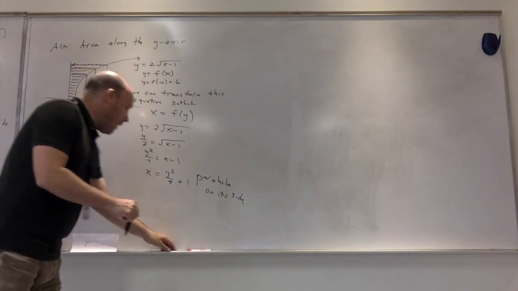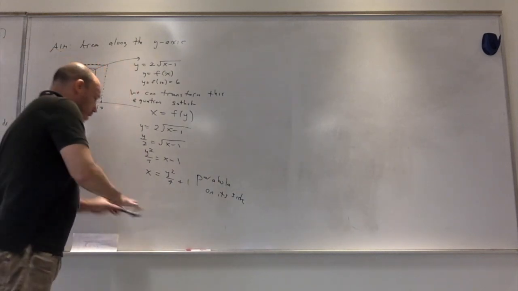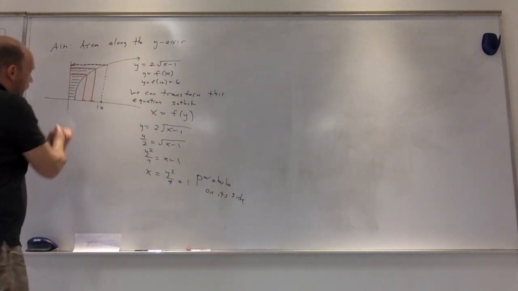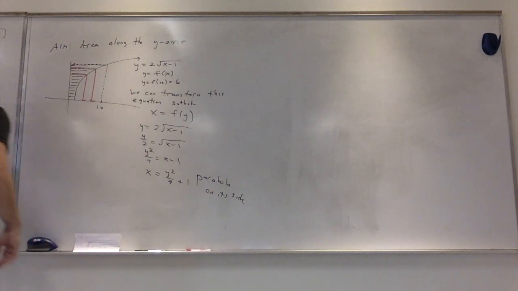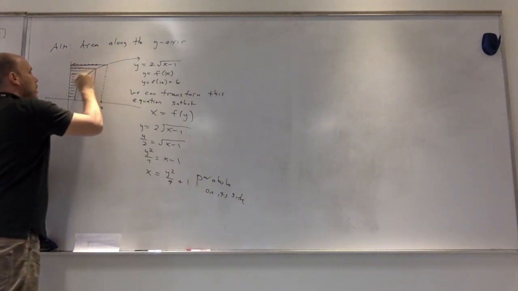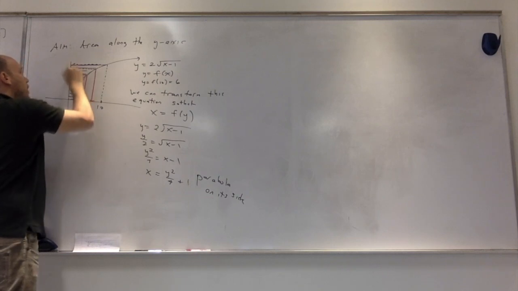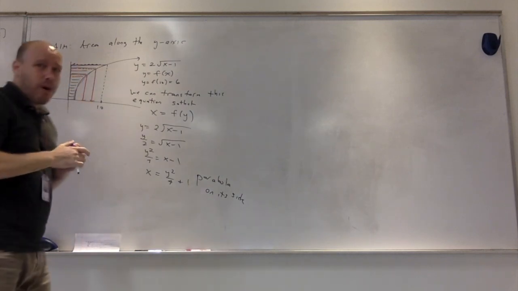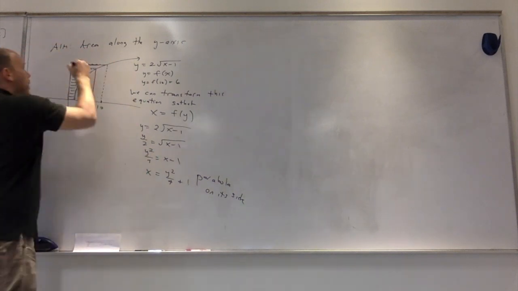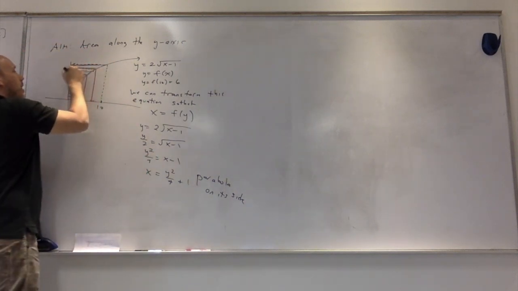Now, why do we need to do this? Let's take a look at this. We're still interested in this region. Let me get a different color. We're interested in this region. And as I said before, it's all about the rectangles. You say, oh, wait a minute, there are rectangles in here.